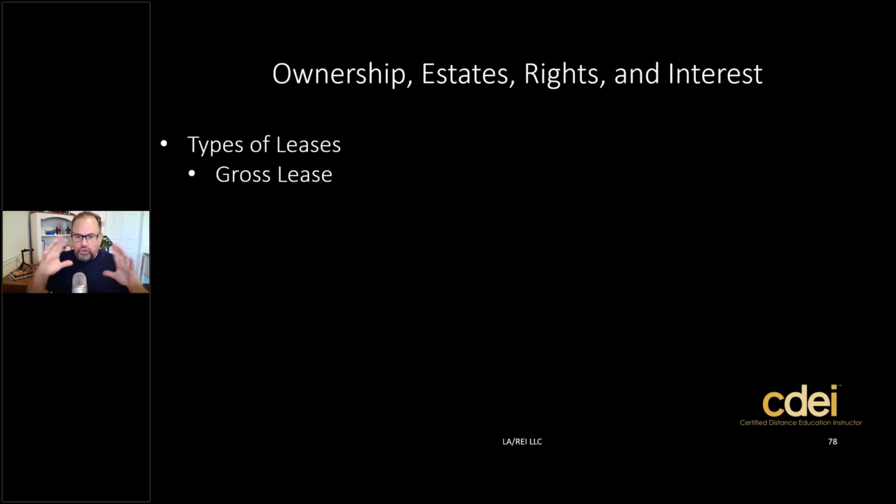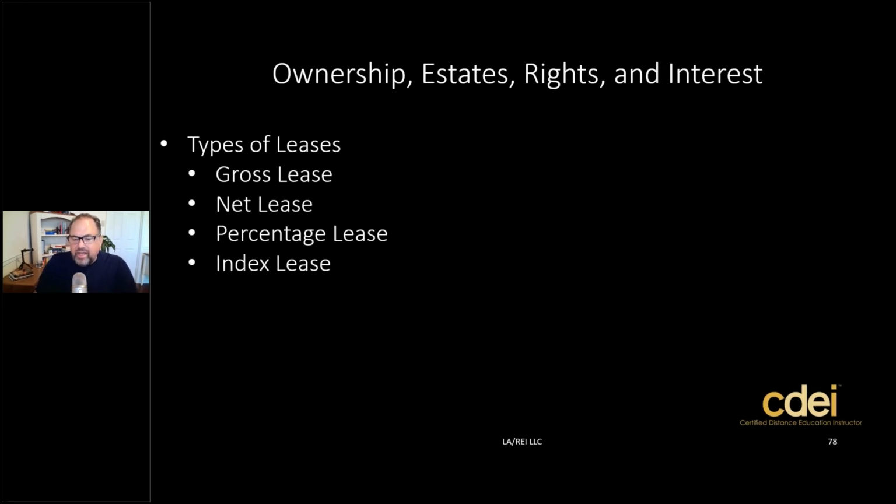Okay, think of the word gross, like gross pay in a paycheck. Nothing's taken out. It's just one big lump sum. Okay, so a net lease is going to be not a gross, but a net. And then you've got a percentage lease. Okay, and we're going to talk about that when it comes to a percentage of the business income. And then an index lease is tied to an index. We're going to talk about that.